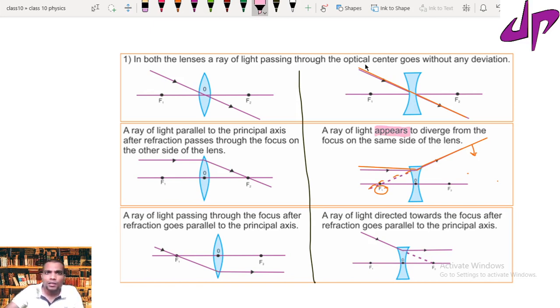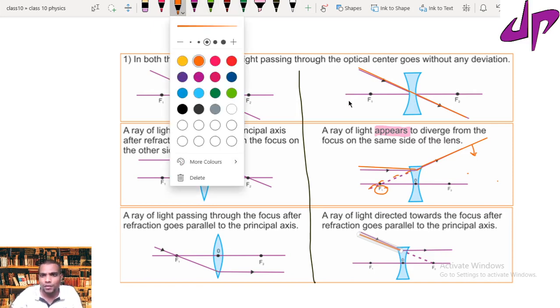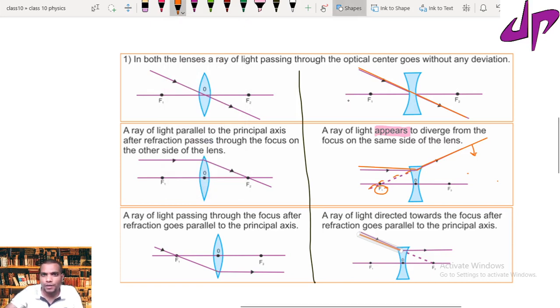And one more rule for the concave lenses: a ray of light directed towards the focus. Now you can see a ray is directed towards the focus. But the light is not going to the focus because the lens will refract the light ray. So this is the refracted light ray. The refracted ray is parallel to the principal axis.